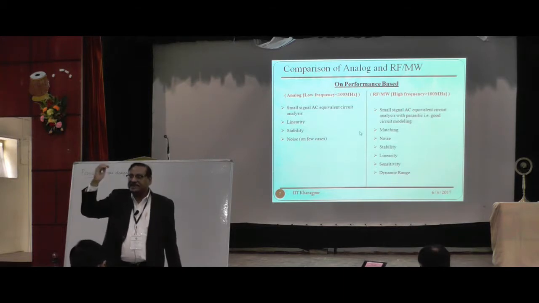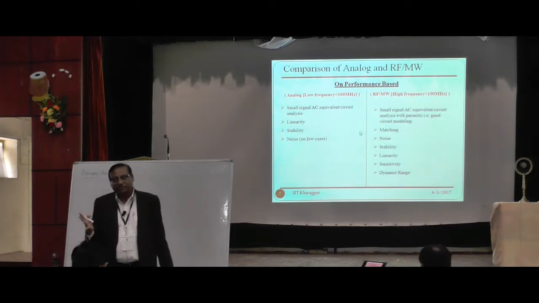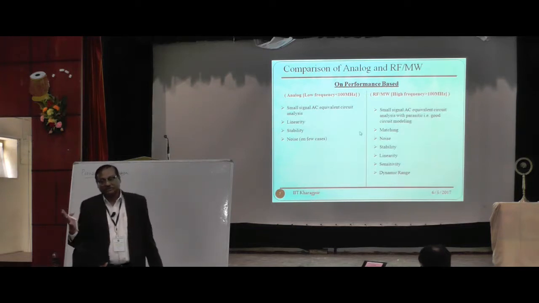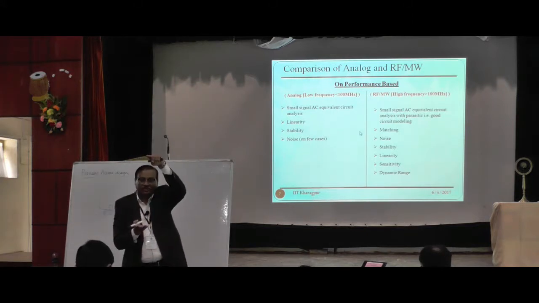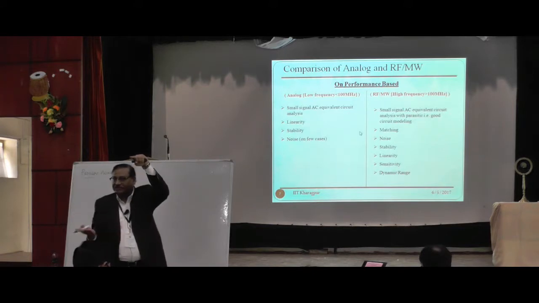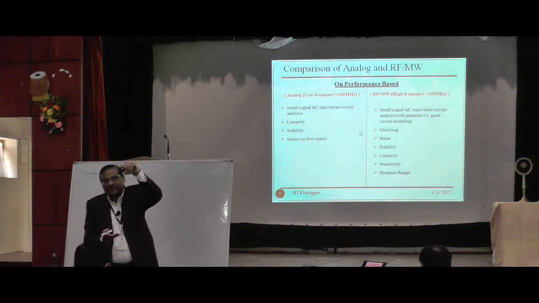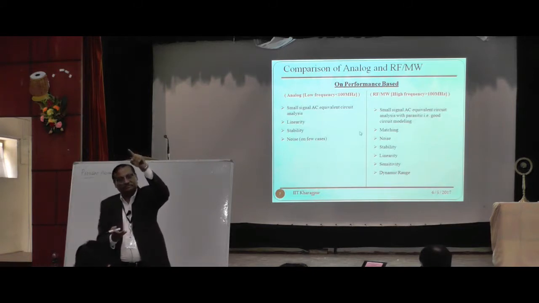If the signal strength is above that, what will happen? Nonlinearity will come, harmonics will be created, then distortion will come. So the signal is bound by two boundaries: the lowest level by the noise, and the highest level by the linearity.